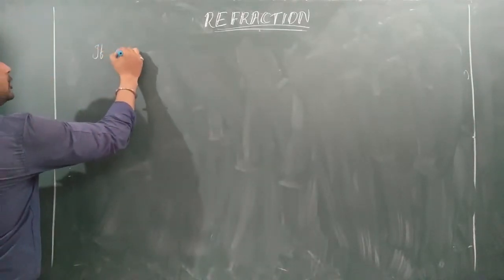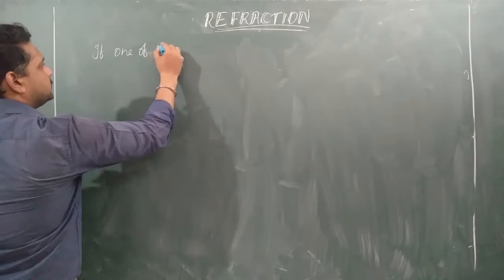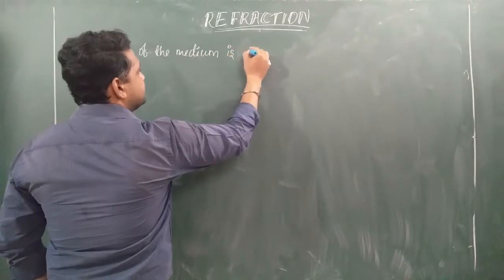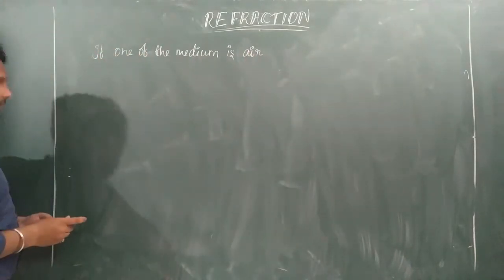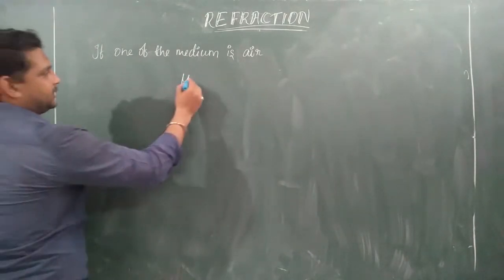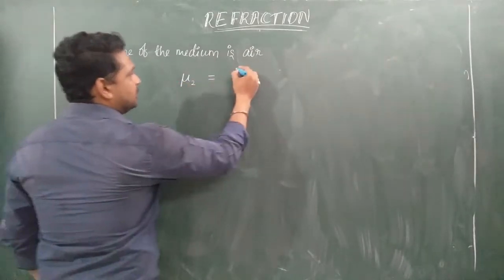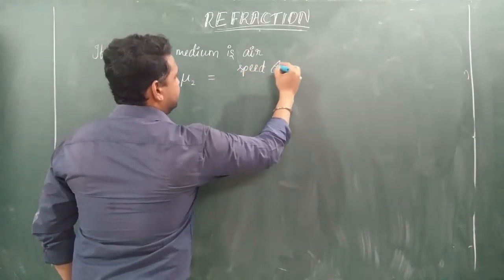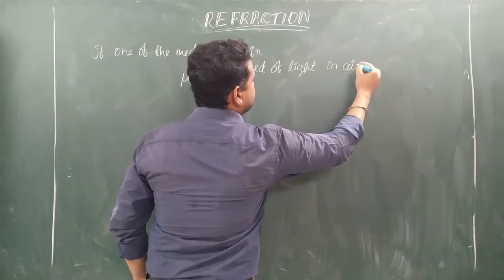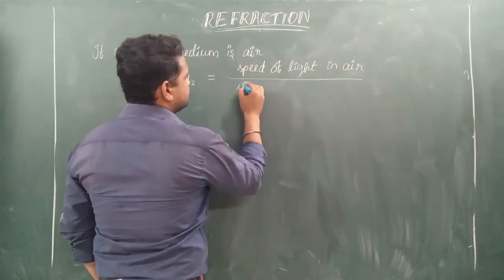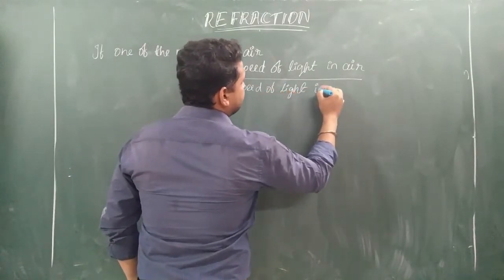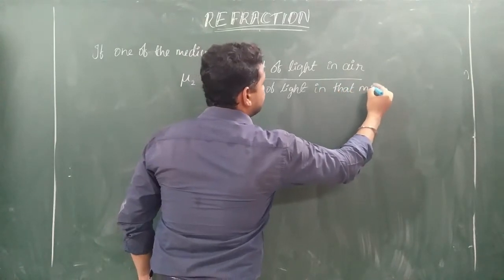Now, if one of the media from which light is traveling is air, then the refractive index of the second medium is equal to the speed of light in air divided by the speed of light in that medium.